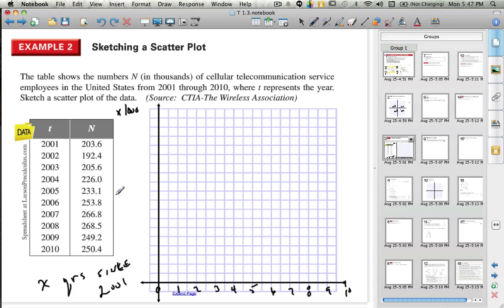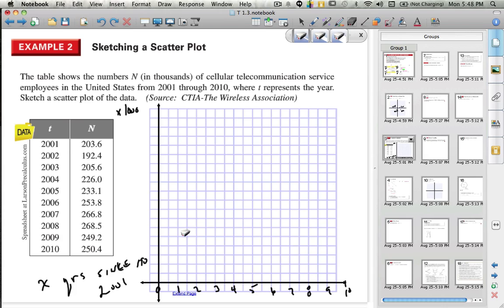One thing you can do with a graph is, if I started this at 0, everything in my graph would be way up here and it would be a little difficult. So if I want to create an image of sort of a break, let's say I want to start at about 190.